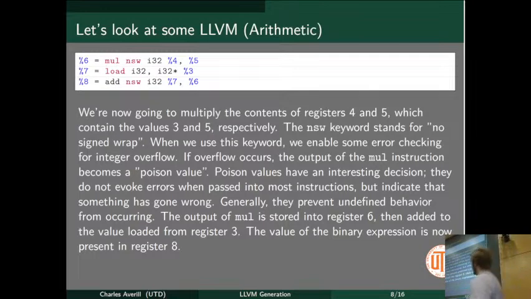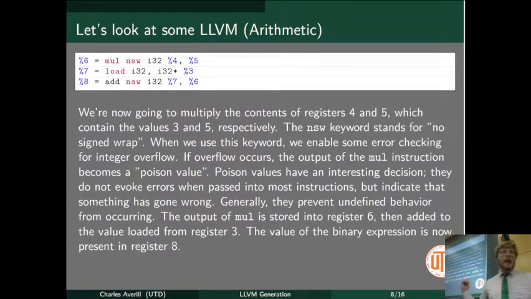So we multiply the contents of registers 4 and 5, which contain the values 3 and 5. That gets stored into virtual register number 6. We are going to load the pointer that's in register 3, which points to the value 2, into virtual register 7. So virtual register 7 now contains the value 2.